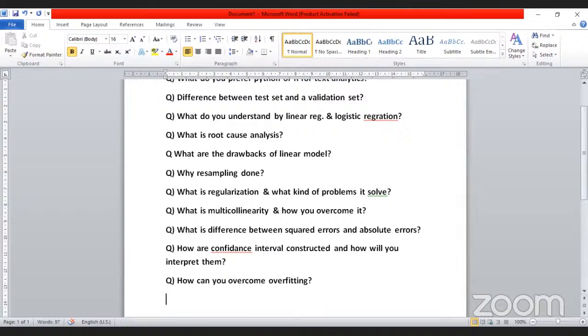That is overfitting. When you run a model on the test data, it gives the best accuracy, but when you use your training data or any future data for that same model, it is not giving that much accuracy.